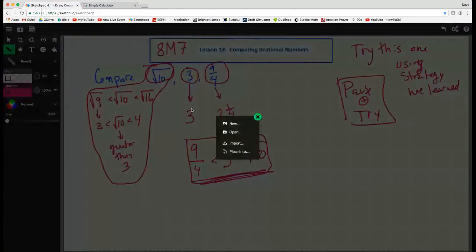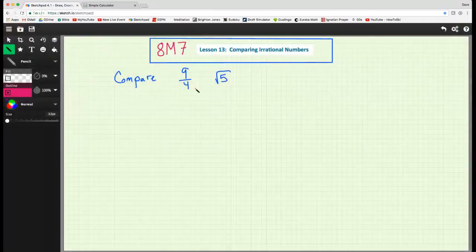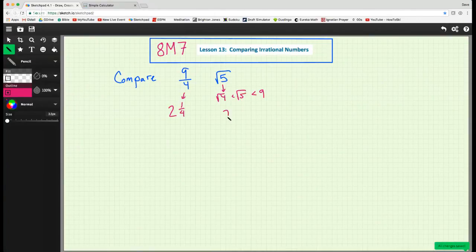Now, the next one, I think we finally get to a more complicated strategy. So here, let's see if we can use our skill. Well, this is 2 1/4. And the square root of 4 is less than the square root of 5, is less than the square root of 9. So I know the square root of 5 is between 2 and 3.